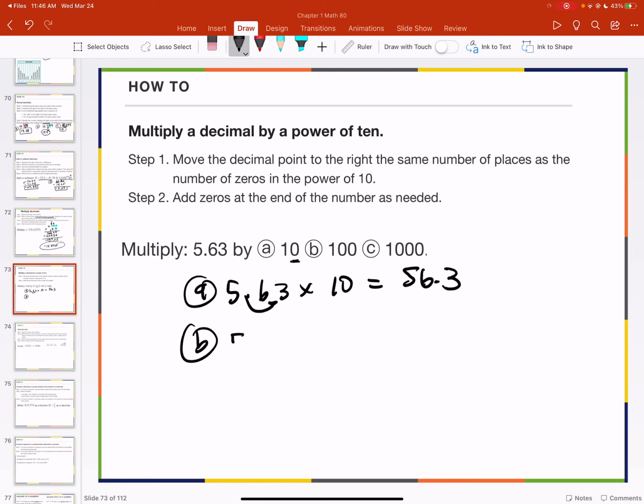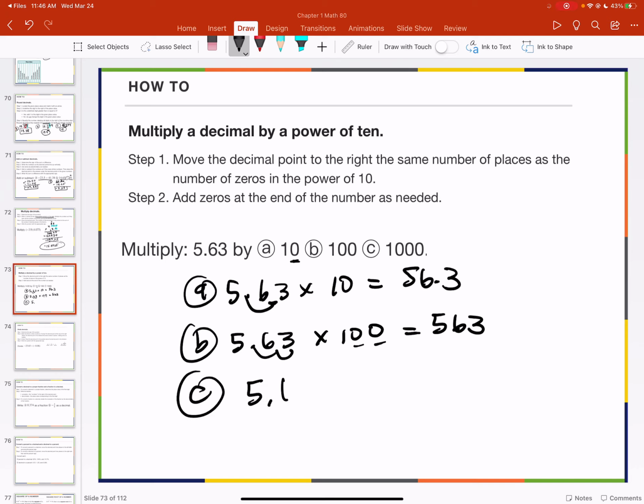For B, 5.63 times 100, that's 2 decimal places, 1, 2, your answer will be 563. If you're multiplying 5.63 times 1,000, we have 1, 2, oh, we need one more, and we include a 0, so that's going to be 5,630. Okay.